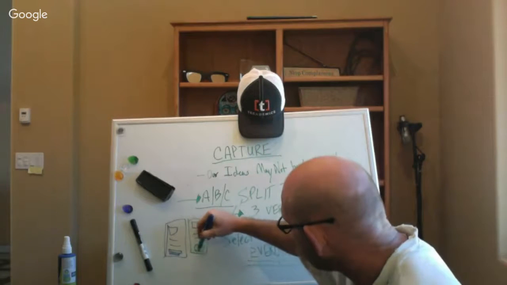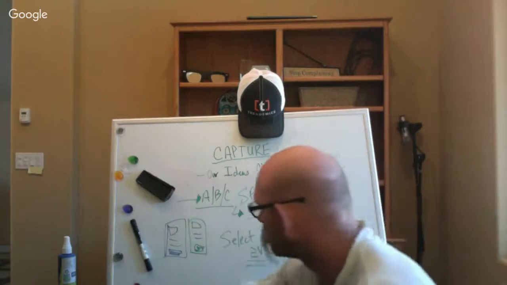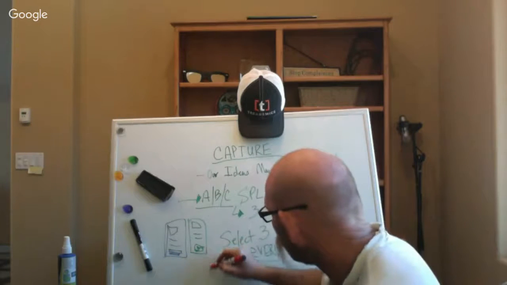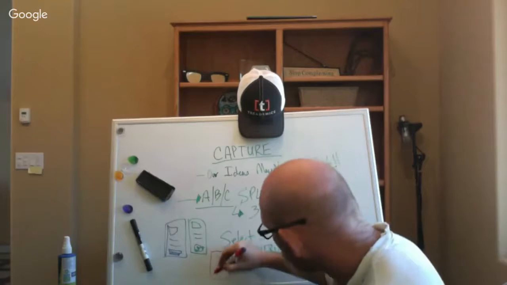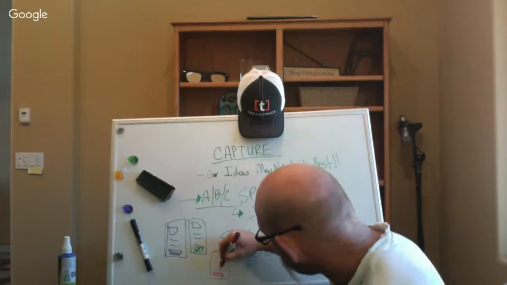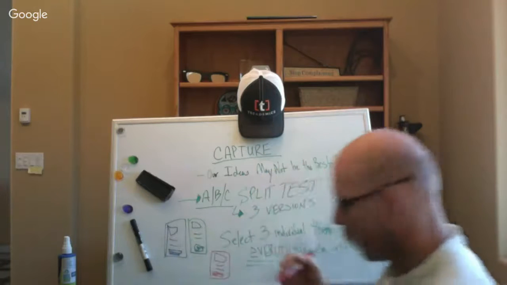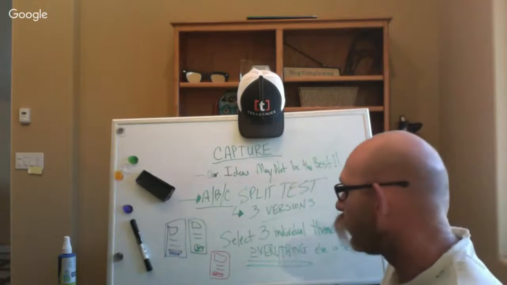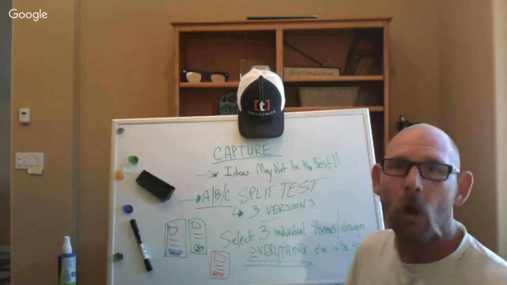It's the exact same thing, but it's a different variation because one is blue, one is green, and one is red. So now you have 3 different versions of the same thing. Why is this important?